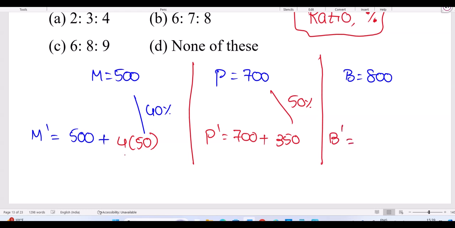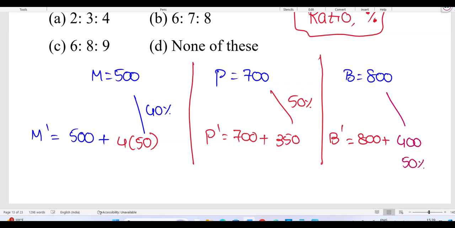Balance increased by, guys, listen, 75%. Now these are simple tricks only. Instead of calculating 75% directly, first I will take 50%.